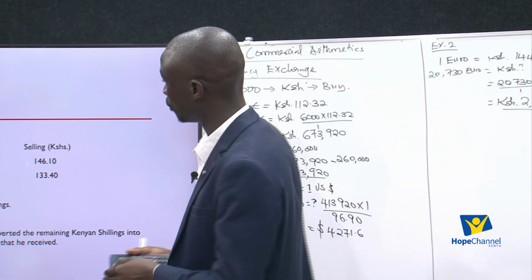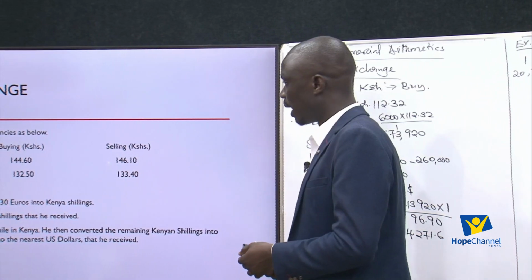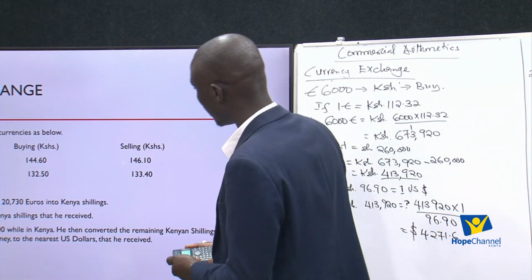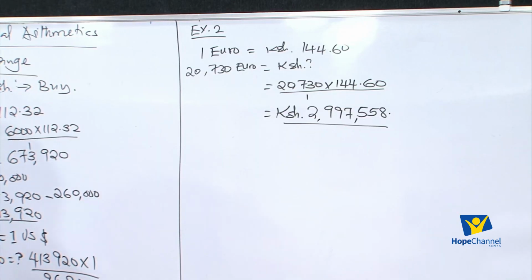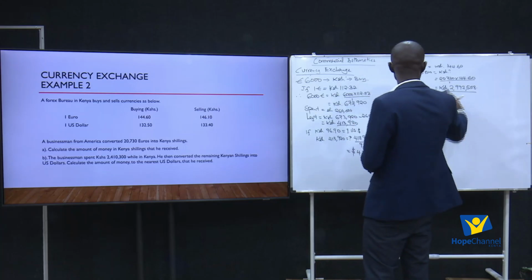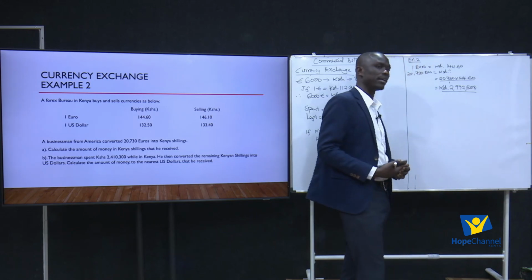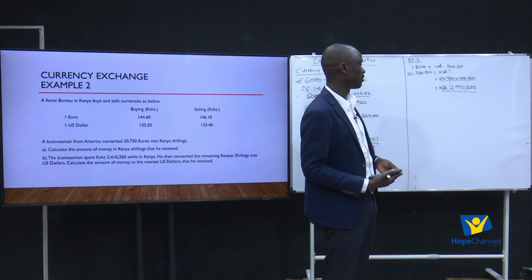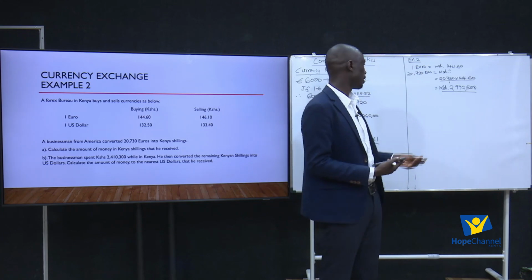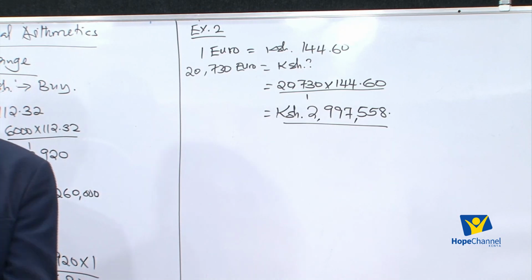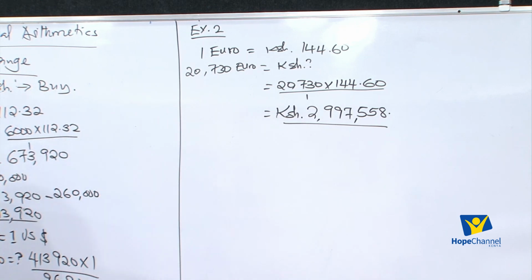So let's continue. Question A. Calculate the amount of money in Kenya shillings that he received. Actually, he had received 2,997,558 shillings. So this is the amount that he was now able to transact with while he was in Kenya.